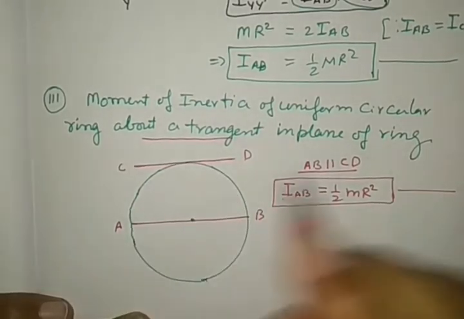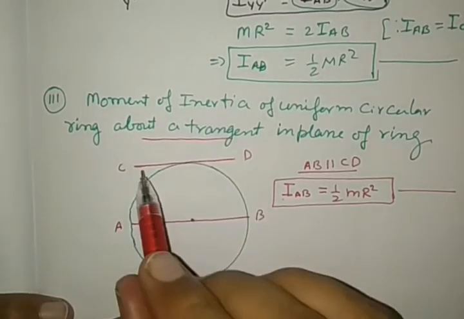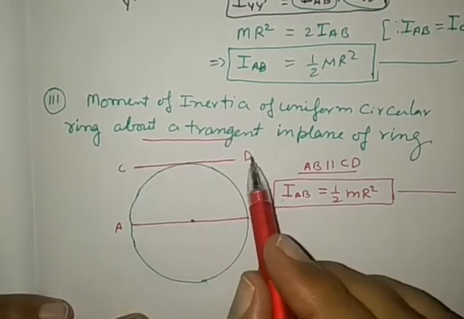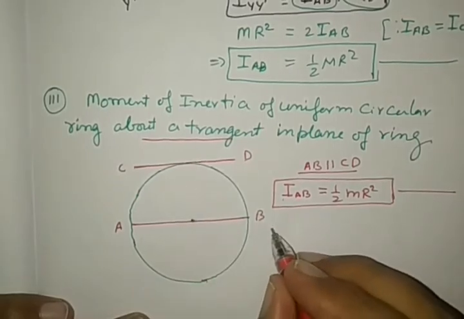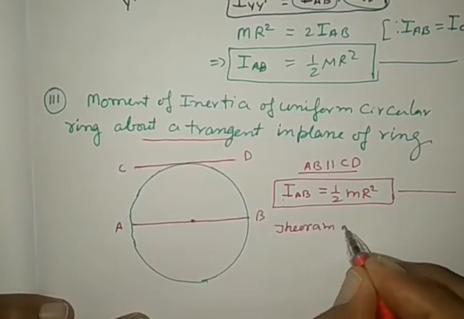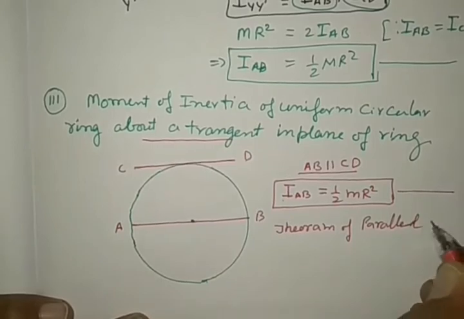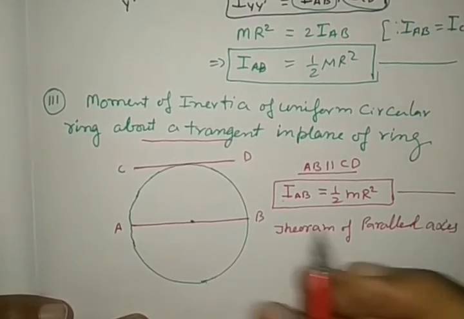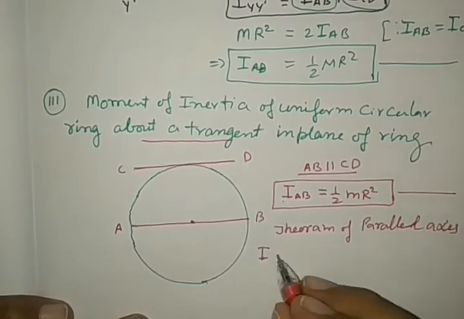This we know already, and we are going to obtain the moment of inertia about CD. Since these both are parallel, we are going to apply the theorem of parallel axis to obtain the moment of inertia about CD.